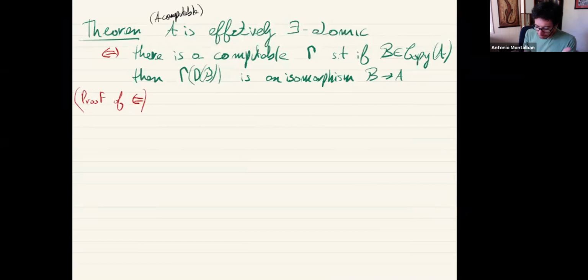Because for this direction, what we're given is this gamma, the computable operator that maps structures into an isomorphism from the structure. And what we want to build is this family of existential formulas defining all the automorphism orbits out of this computable operator gamma, right?